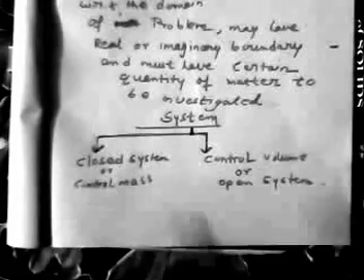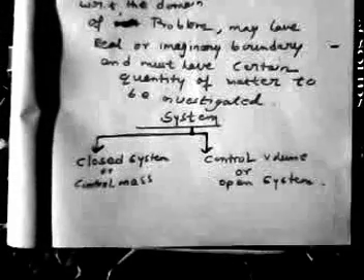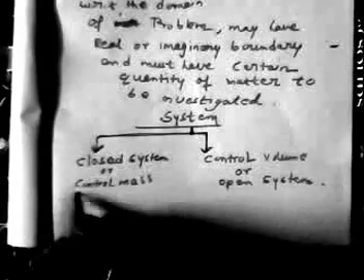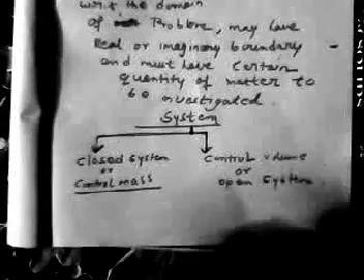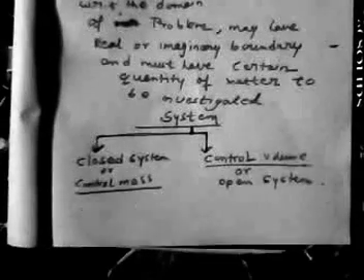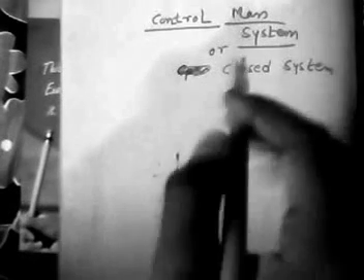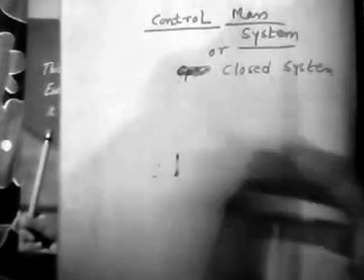So the two types of system classified with respect to mass interaction are closed system and open system. Closed system is also known as control mass system, and open system is also known as control volume system. So we classified on the basis of mass interaction.